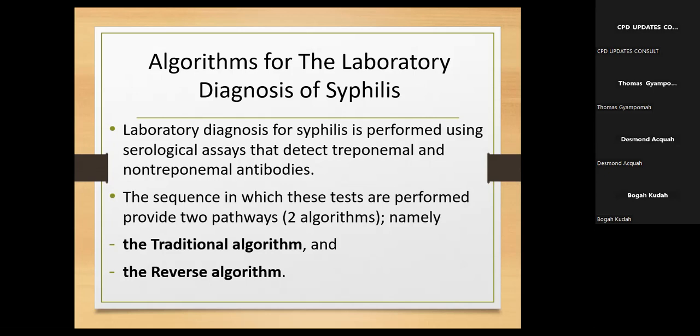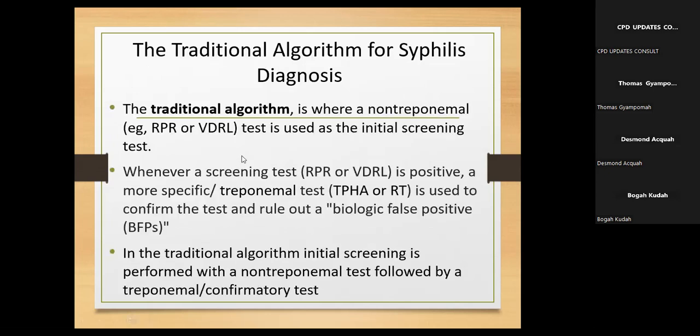Good. Now let's have some more talk on the traditional algorithm. It is where a non-treponemal test, for that matter RPR or VDRL, is used as the initial screening test. Now, whenever a screening test is positive, a more specific, and for that matter treponemal, test, which in this case is the TPHA, and now we are adding the RT. I'm sure you know what the RT is.